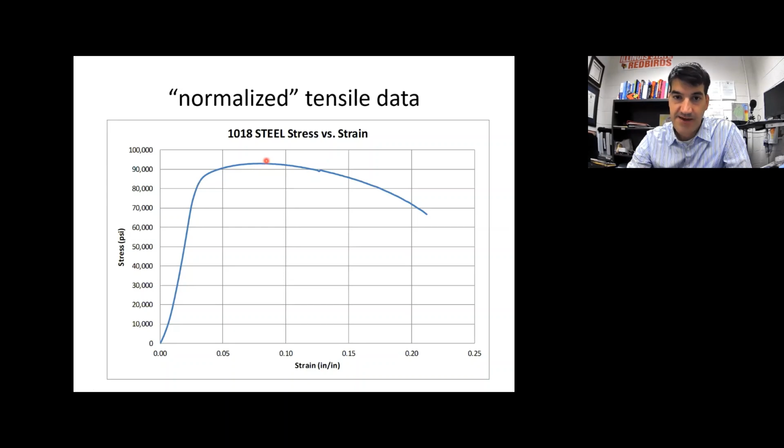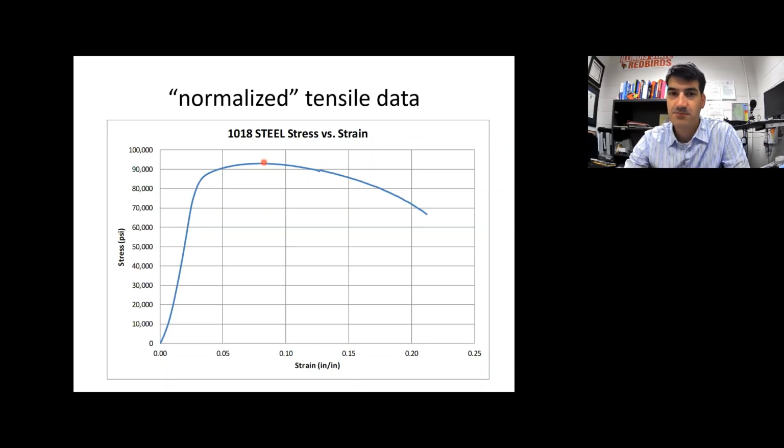And then, of course, we have the peak up here that is the very maximum amount of stress that you can see for this material. And that we're going to call the ultimate tensile strength or ultimate tensile stress. And you already looked those up for lab 1, the very first lab.